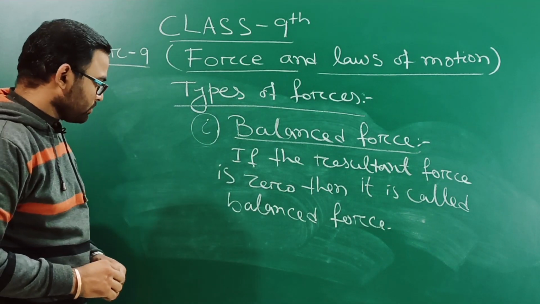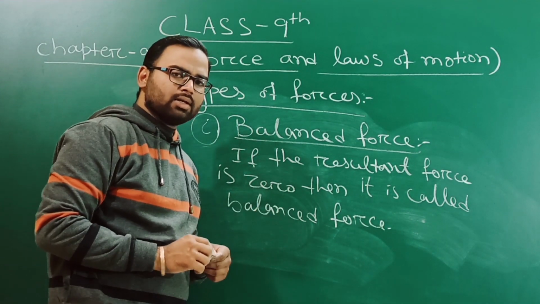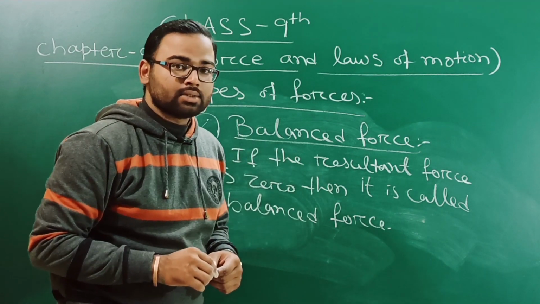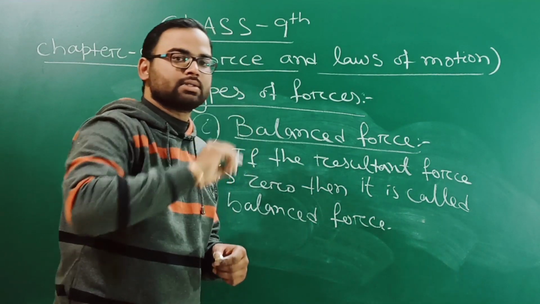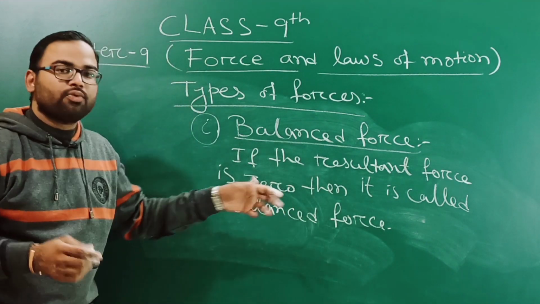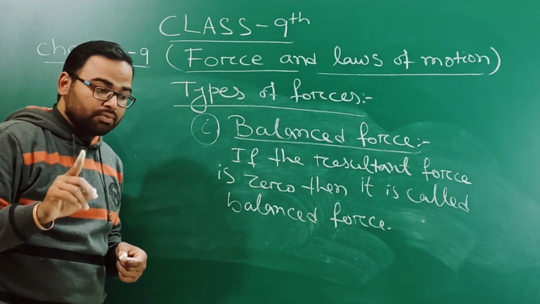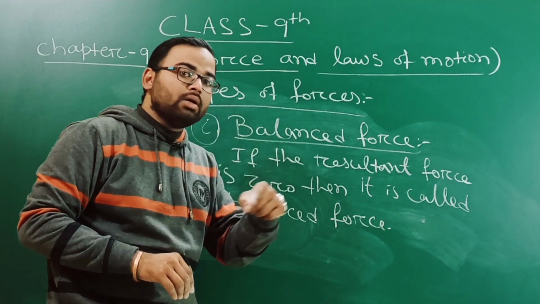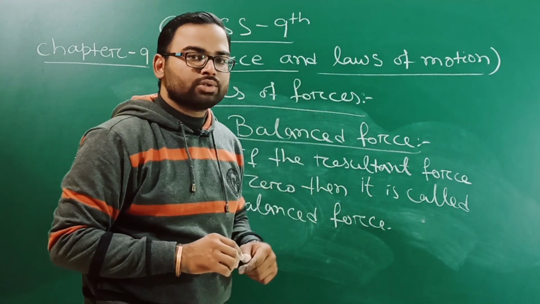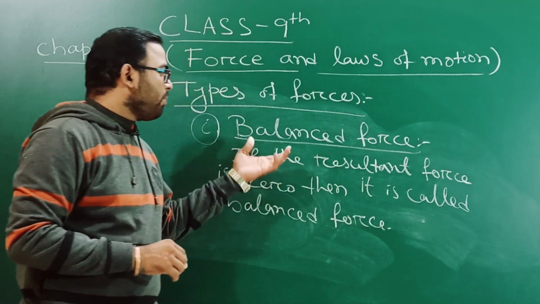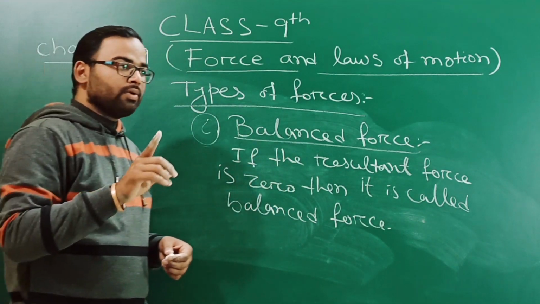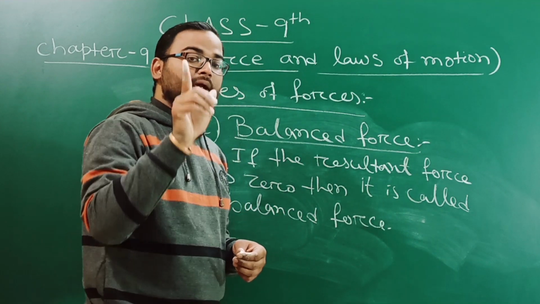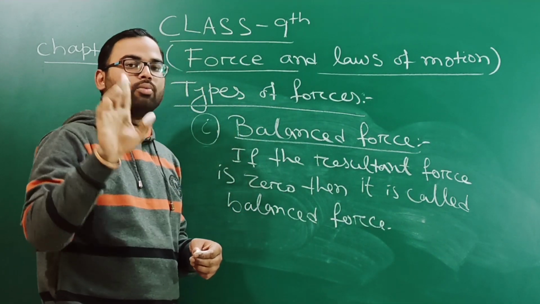What will happen in balanced force? If a body is at rest, the body will remain at rest because the resultant force is 0. And if the body is in uniform motion, then the body continues in uniform motion. So balanced force means if a body is at rest or in motion, it will maintain the rest or motion.